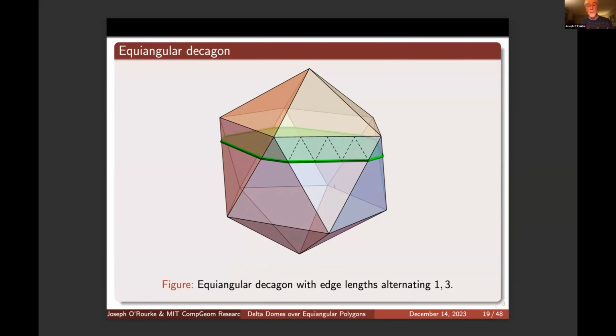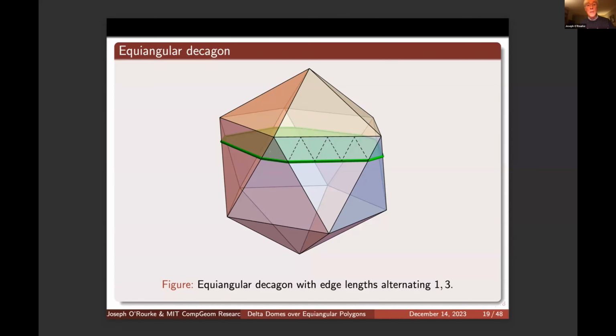Now, this is just an icosahedron, and I've sliced it rather than in the middle, where we got a decagon, I moved the slice up rather than halfway, a quarter of the way. And you get again a decagon, and it's again equiangular. So all the angles at these vertices are the same, but it's not a regular decagon.